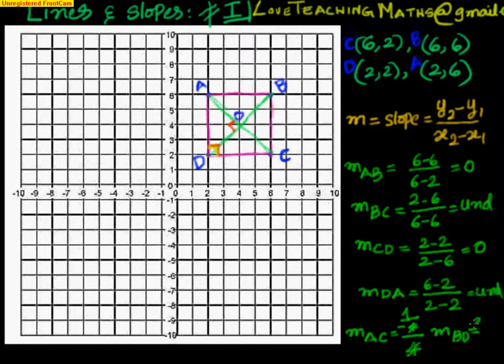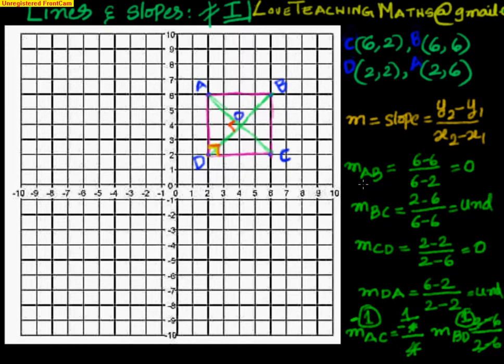So it will be 2 minus 6 divided by the x coordinate of D minus B, that's 2 minus 6 again. This is equal to 1. So m of AC is negative 1 and m of BD is equal to 1.